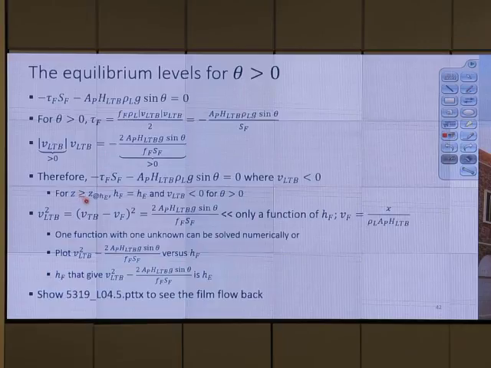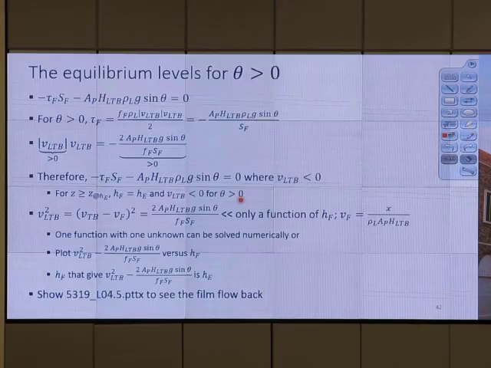Beyond that location, we have V_LTB less than 0, or backward flow. Is it backward flow or still forward flow? I have V_LTB less than 0 for theta greater than 0.